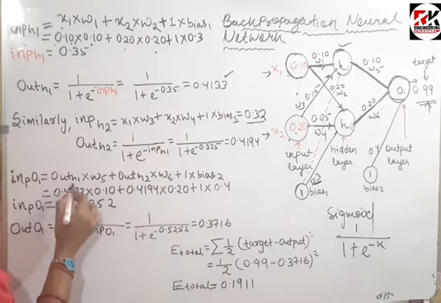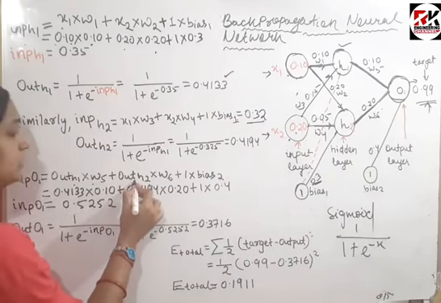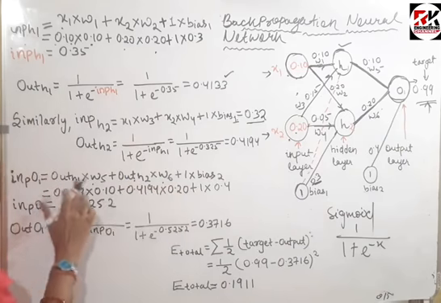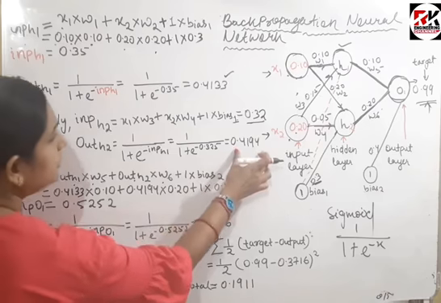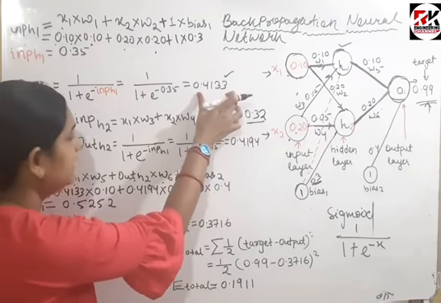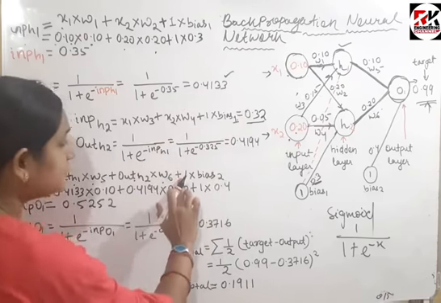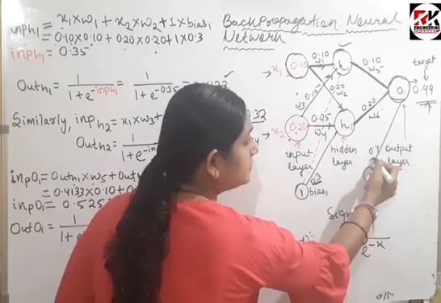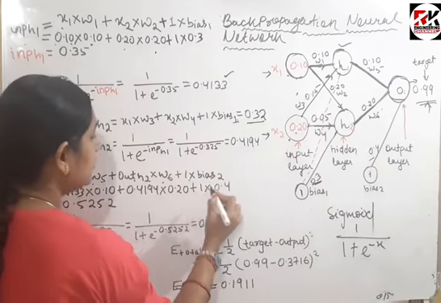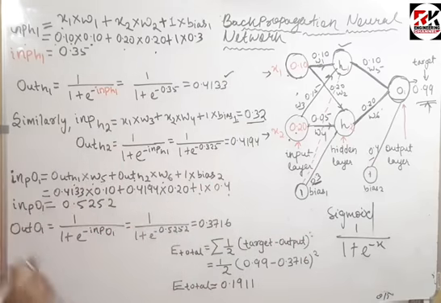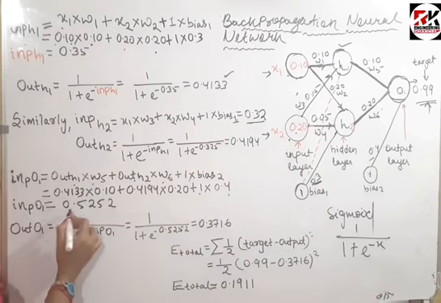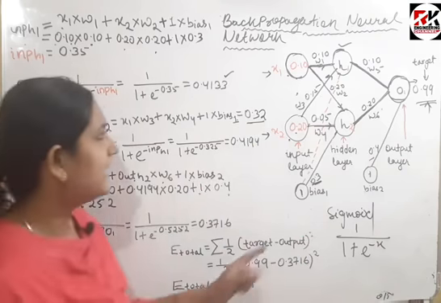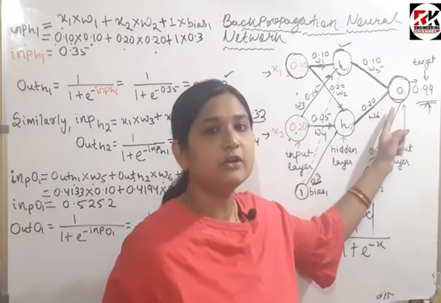So out of H1 into W5 plus out of H2 into W6, where out of H1 and H2 are 0.4133 and 0.4194, plus finally the bias value, 1 into bias weight 0.4. After the calculation I am getting 0.5252 as my input value for O1.